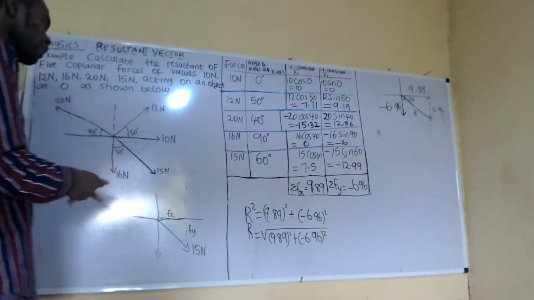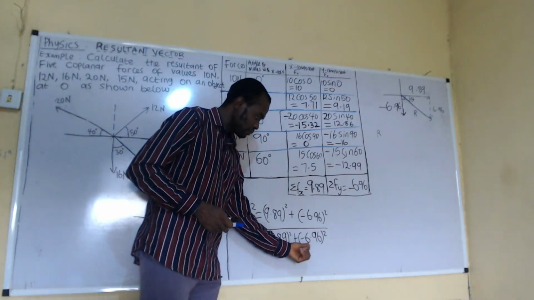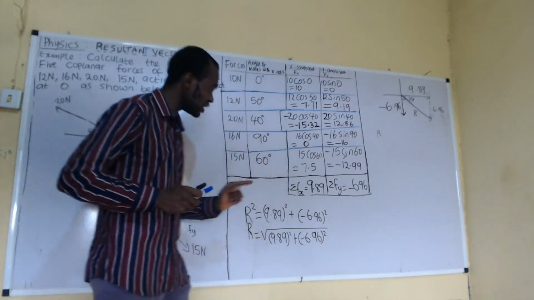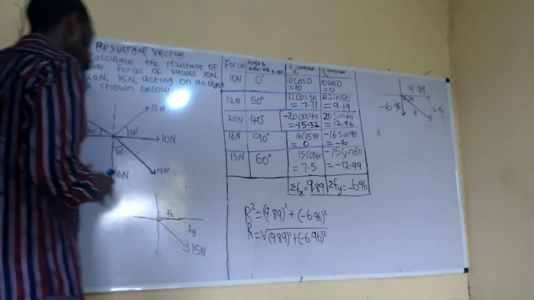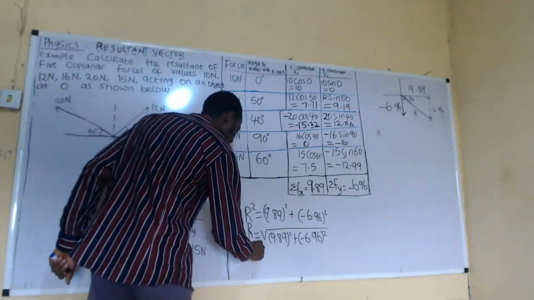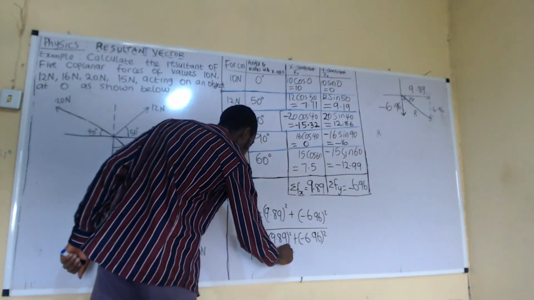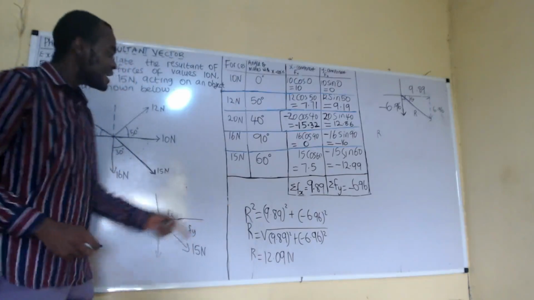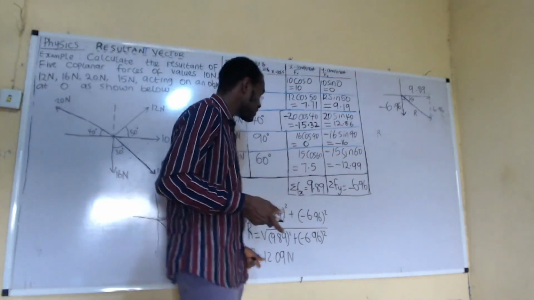Now if you do everything correctly, minus 6.96 squared will be a positive answer. Sum them all and take the square root. You are going to arrive at r is equal to 12.09 to 2 decimal places Newton. This is the magnitude of the resultant vector.